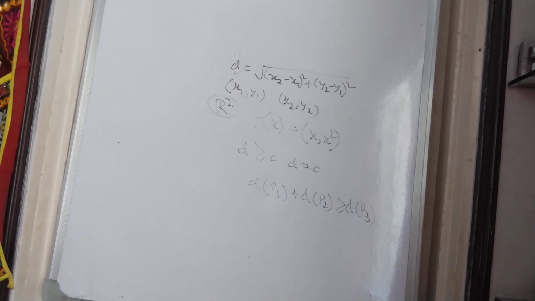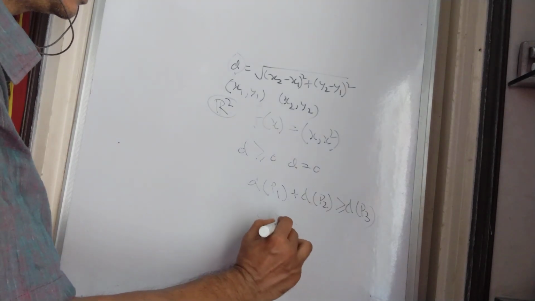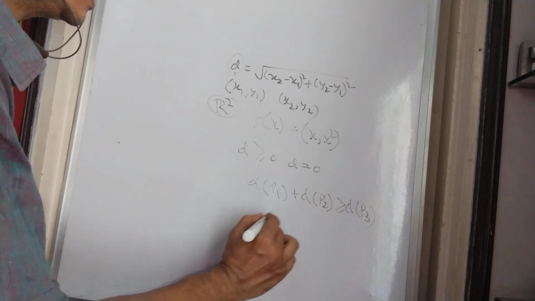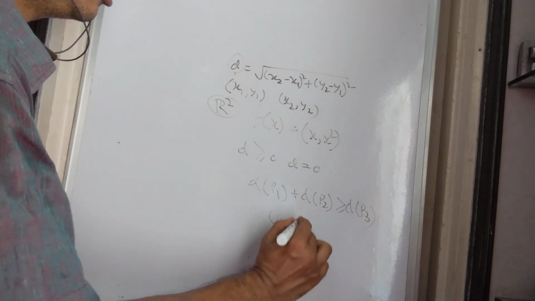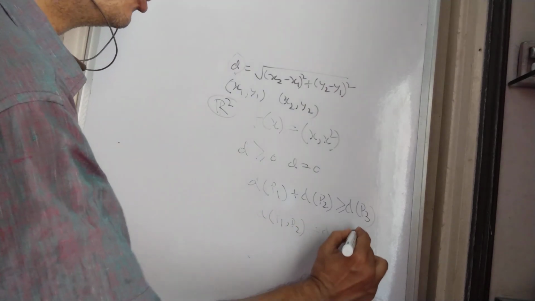This is the famous triangle law. And we have also the symmetric property where the distance between 2 points P1, P2 is always the same. It is symmetric whether we measure it from P1 to P2 or from P2 to P1.